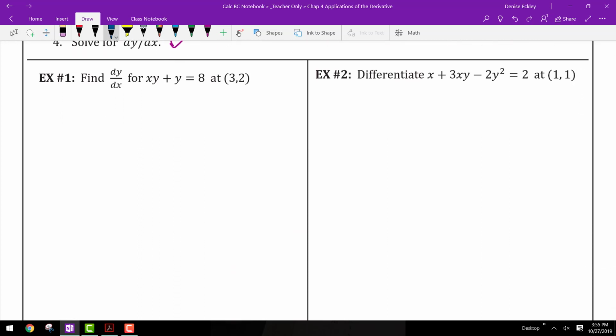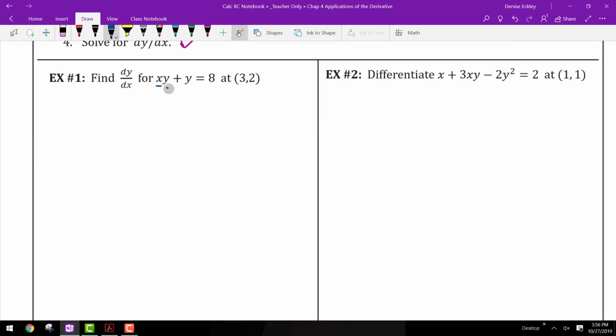So let's go through a couple of examples. First example, find dy dx for xy plus y equals 8 at the point 3, 2. So we're first going to take the derivative. The first term is a product rule.